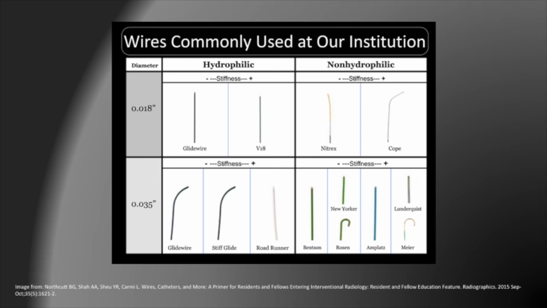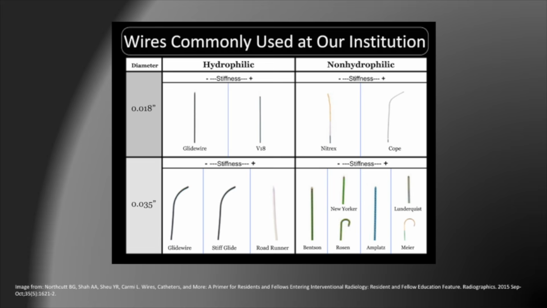In addition to that, they are divided into 2 columns, which is hydrophobic and hydrophilic on the left. And then each of these categories has wires with different levels of stiffness, which determines how floppy the wire is. If you'd like, you can pause here and take a look at the different names.